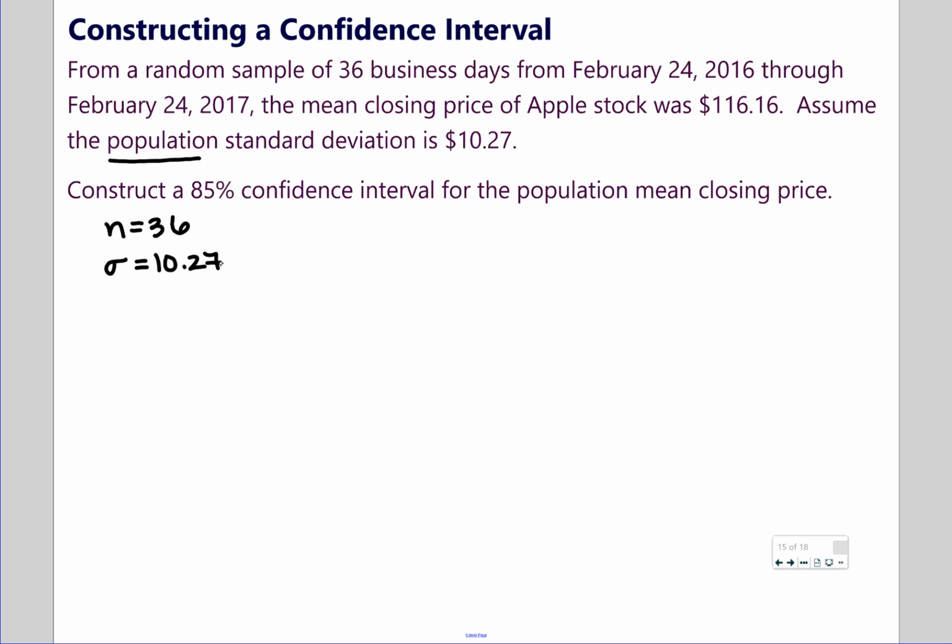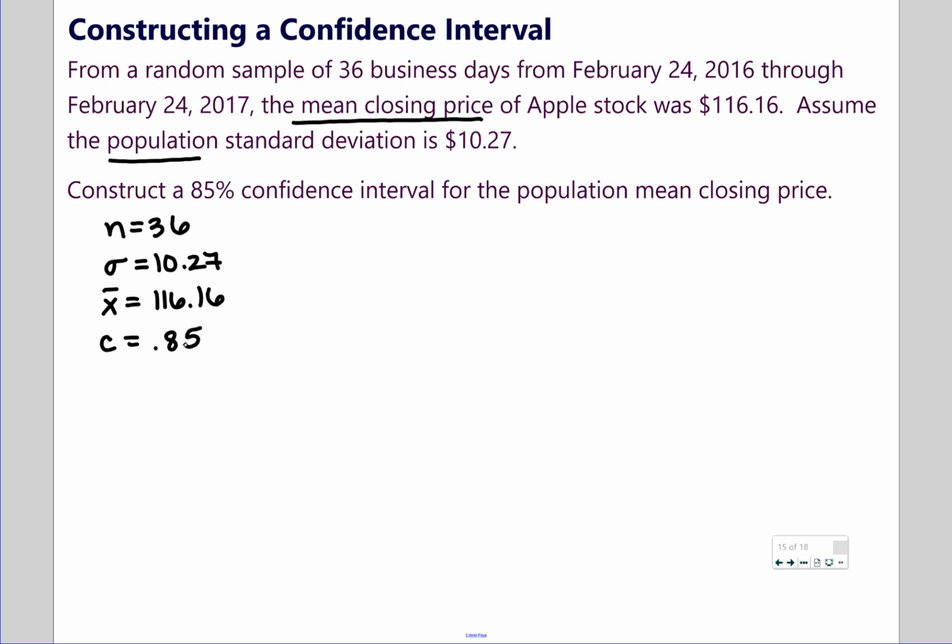All of the ones that you guys are going to do in this section 6.1, you'll be given that. Here, the mean closing price is just of those 36 business days. It's not every day of the year. So that's a sample mean that you're given, an X bar, 116.16. And we also want a confidence interval of 85%. So that's my C value, 0.85.